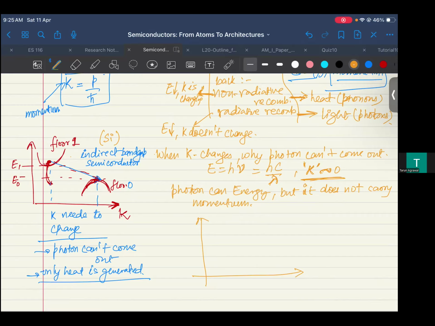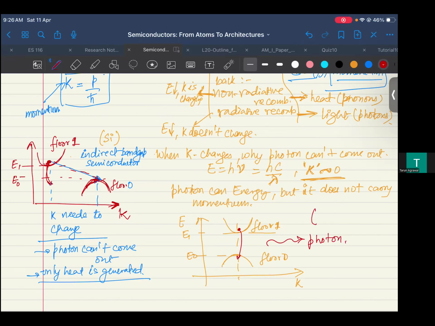There are different kinds of semiconductor where I have floor 1 and floor 0 on top of each other. That means in the K space, they are on top of each other. So when this electron wants to come back, it can find the same K. It does not need to change the K, and that's why the photon can come out of this.